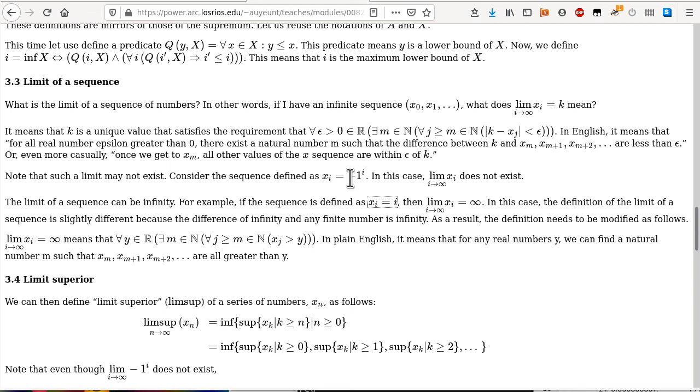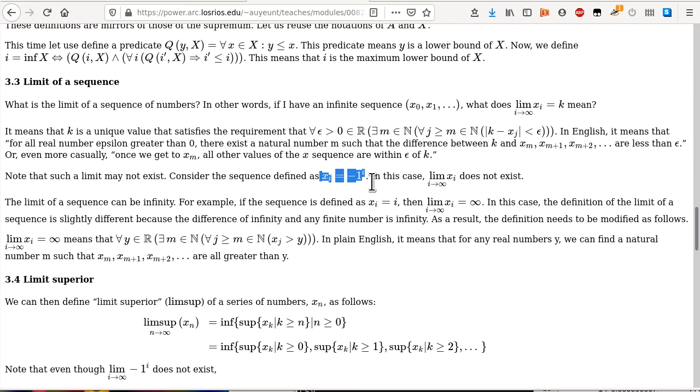Even if it doesn't converge to a particular value, we can still define certain things and describe the properties of that infinite sequence. This is an example to illustrate why only using the limit of a sequence is insufficient.